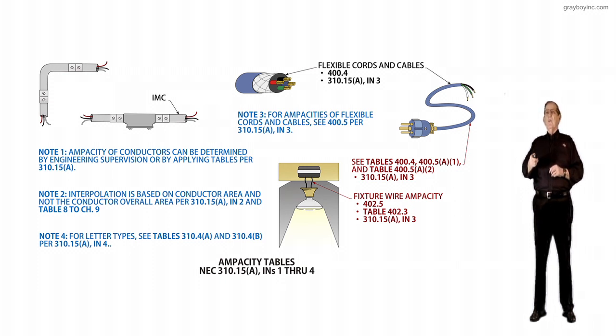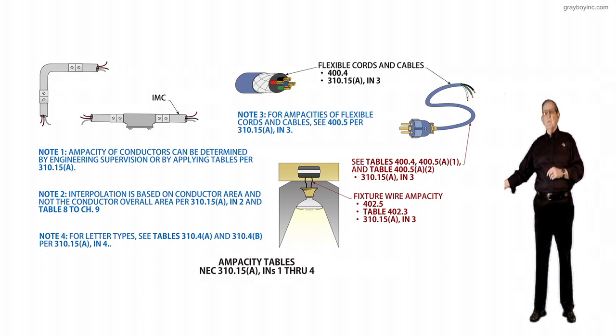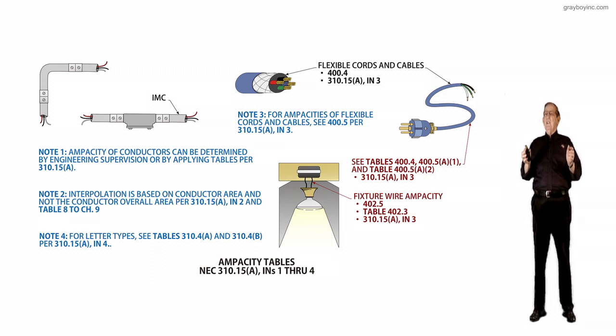Now notice all this wire is smaller. I can connect a flexible cord and plug it into a receptacle on the wall that's a 20 amp device, and that would be legal when I go over to 240.4 and 240.5 and reference those sections. In other words, I wouldn't be using table 310.10 for the branch circuit, and these conductors can be smaller.